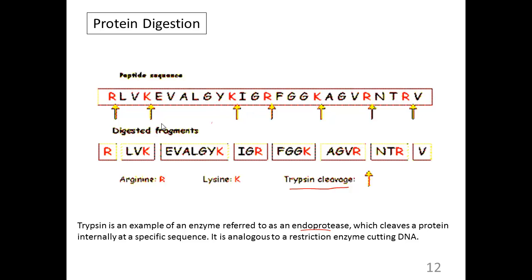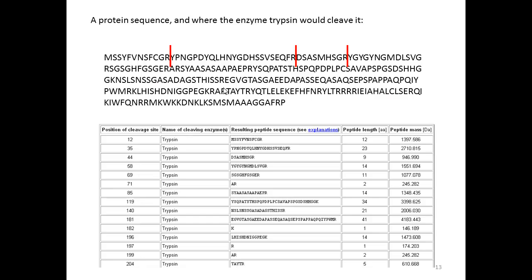So here we have an example of a protein sequence. On the carboxyl side of every lysine or arginine residue, we'll produce a cleavage. So here, in this case, we would have this peptide, which would be suitable for analysis by mass spectrometry. And this is a larger example. Here's the sequence of an entire protein.